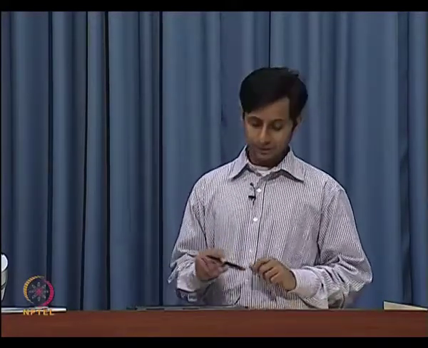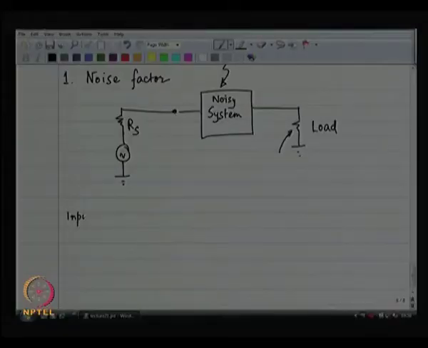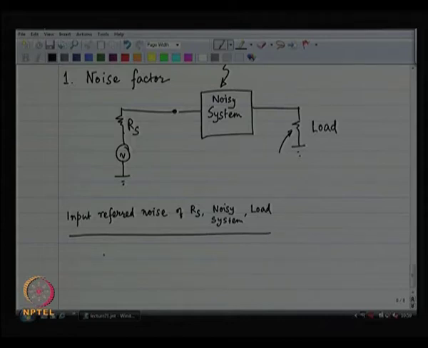So, I am going to define noise factor as the input referred noise of everything taken together divided by the input referred noise of the source, which is basically noise of RS.